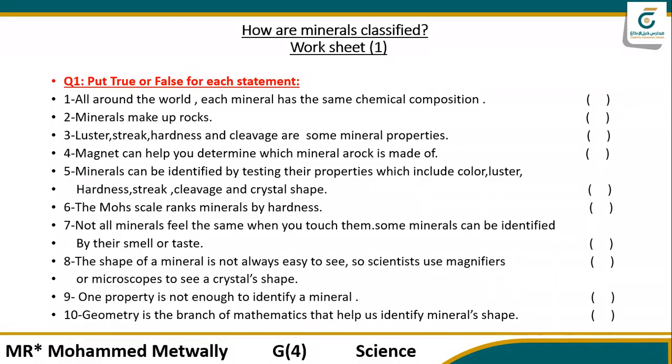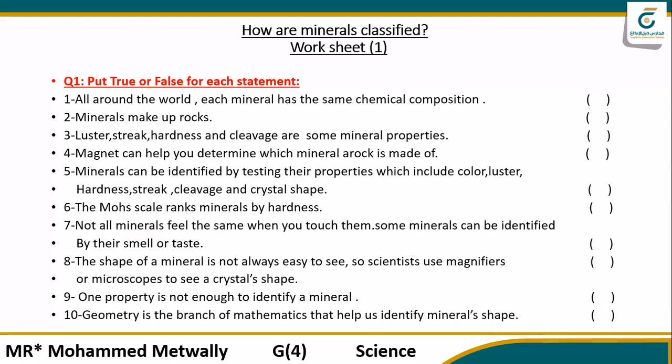That's true. Point number 5, minerals can be identified by testing their properties, which include color, luster, hardness, streak, cleavage, and crystal shape. True. Number 6, the Mohs scale ranks minerals by hardness. Of course, that's it. True also.